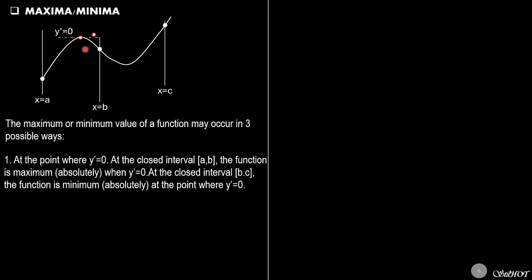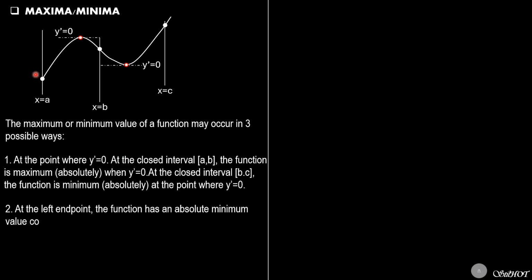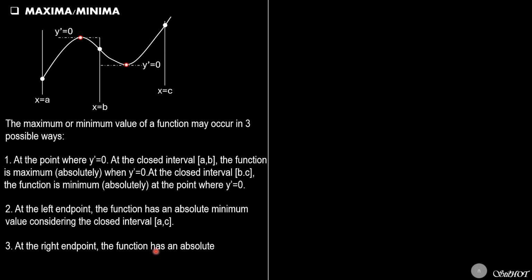So that's y prime equals 0, and for this case y prime is also 0. However, if we consider the closed interval A to C, then this is the lowest point and that's the highest point. So at the left endpoint, the function has an absolute minimum value considering the closed interval A to C. And at the right endpoint, the function has an absolute maximum value considering the closed interval A to C.